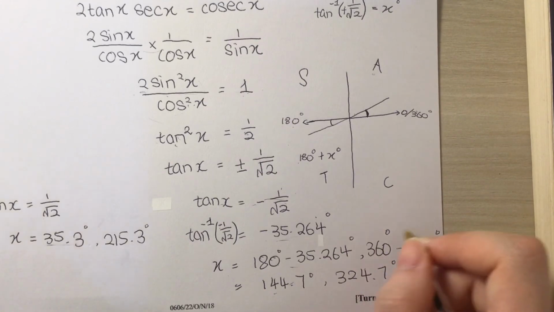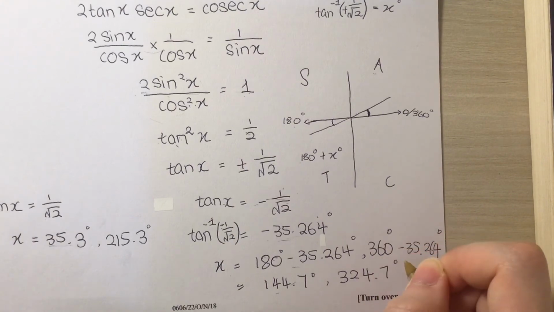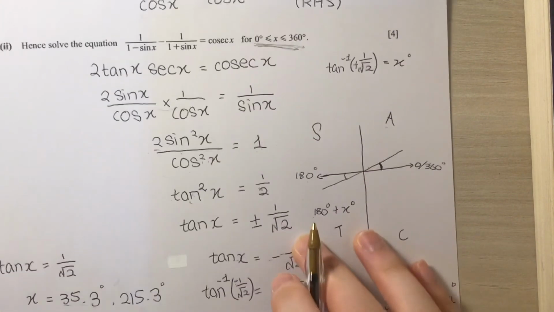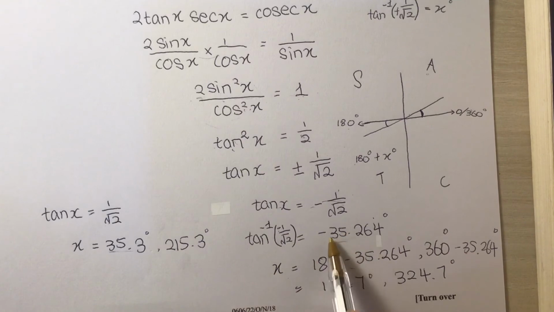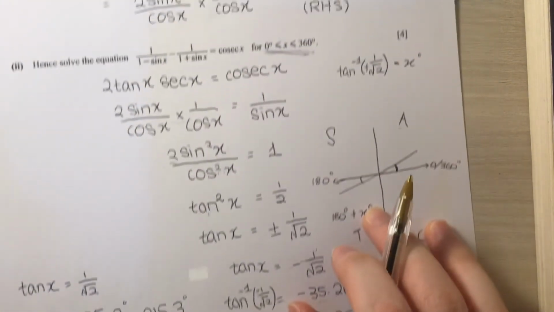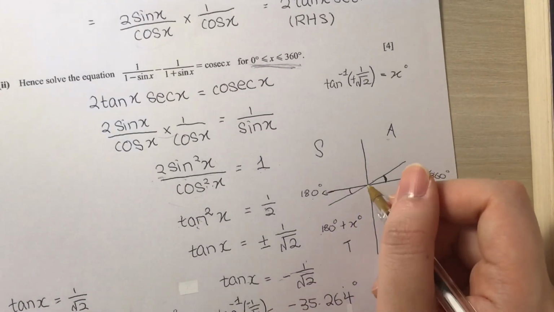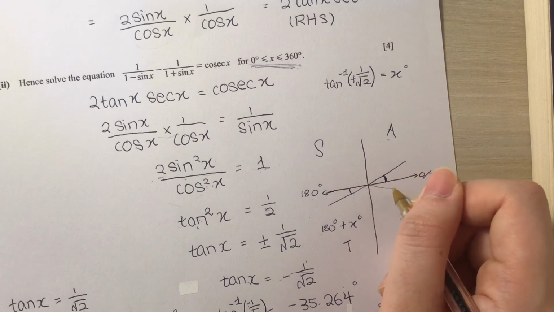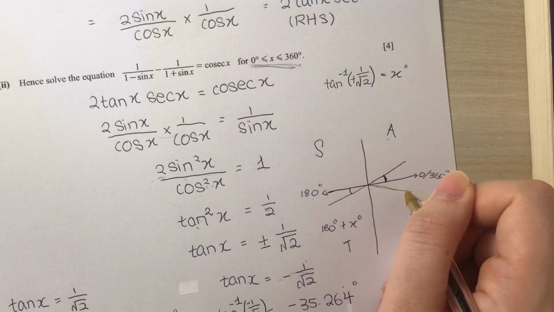35.264. How do I get this? First of all, the answer pressed in your calculator is simply a negative value, which means the angle is below the horizontal axis.